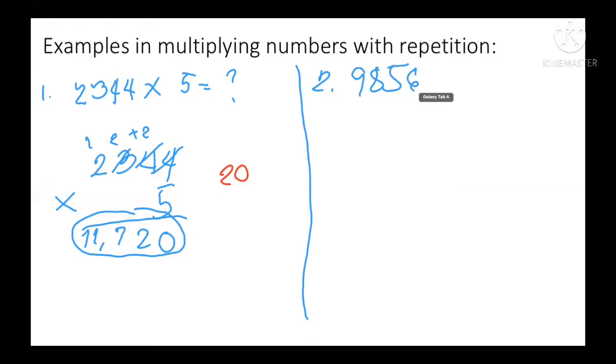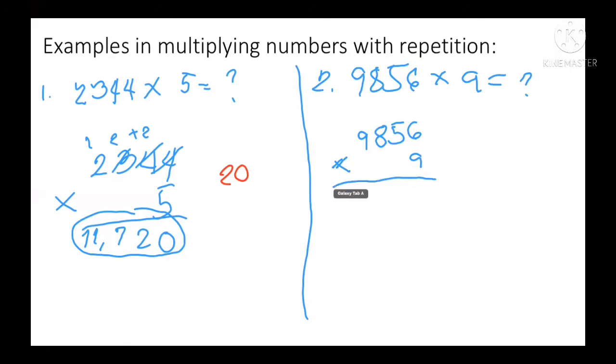9,856 multiplied by 9 equals blank. This one is a little bit harder, but you need to answer this one correctly, okay? Let us organize now. So we have this 9,856, okay, multiplied by 9. The ones place first. So what is 9 times 6? 54.